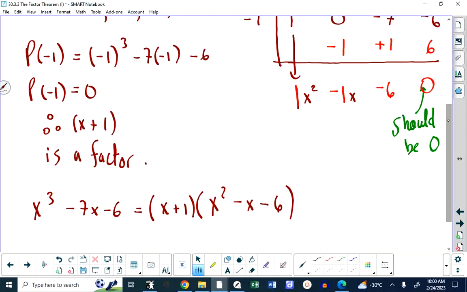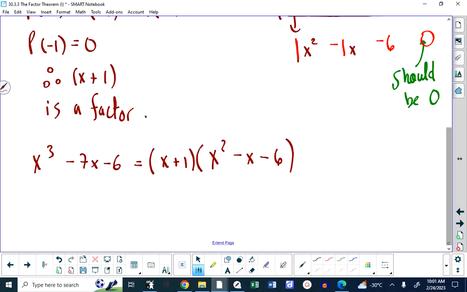And then you can factor that quadratic and you're done. So in factored form, it's x plus 1. And we're looking for two numbers that multiply to give negative 6 and add to give negative 1. I believe they're negative 3 and 2. So we're done. So you've just learned how to factor a degree 3 polynomial.